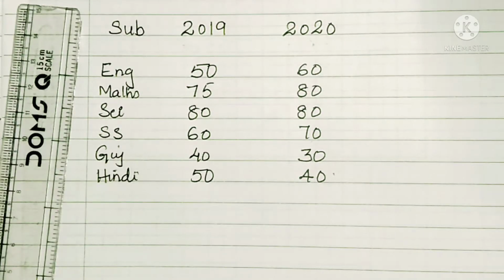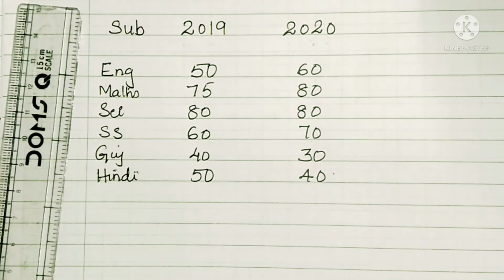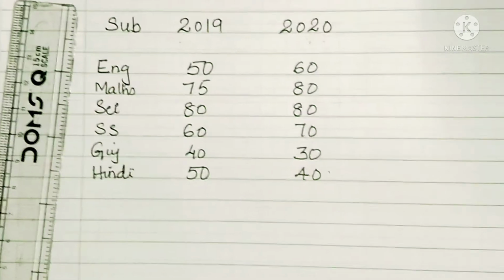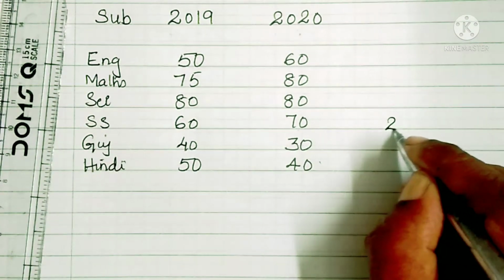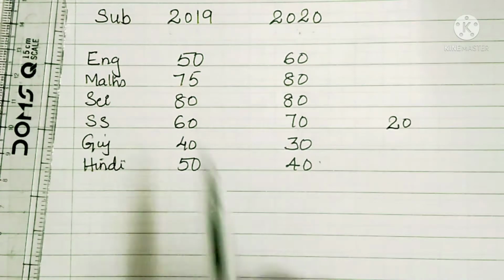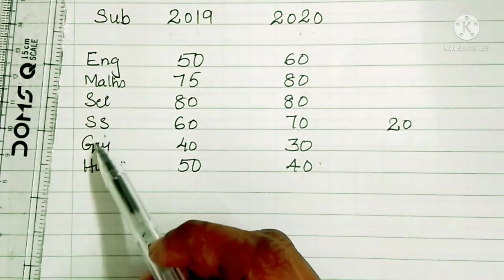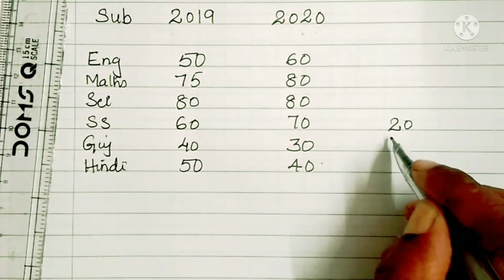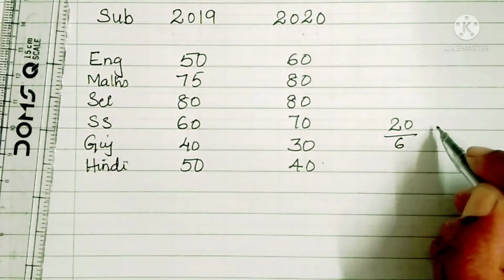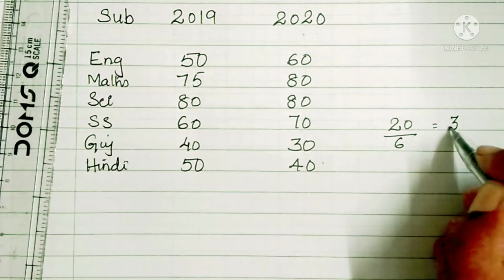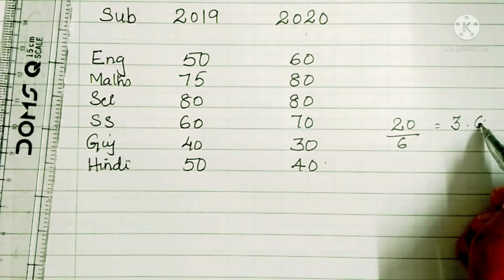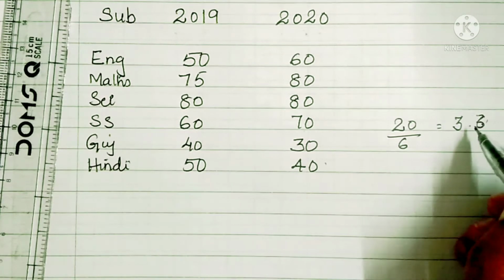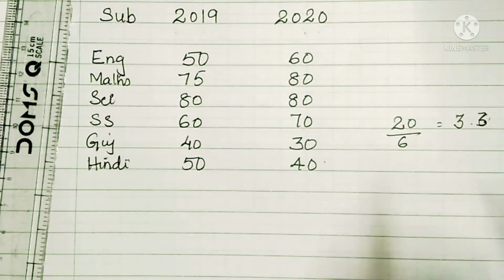Now let us find how to take the scale. We already know that on the x-axis we get approximately 20 boxes, and we have to mark 6 subjects. If you divide 20 by 6, we get 3.33.